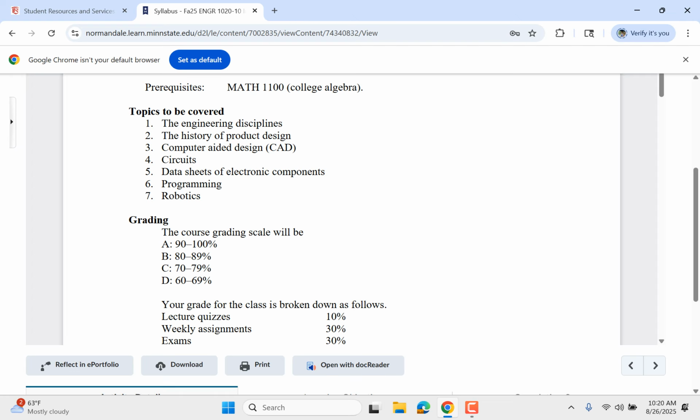So I'm first going to just talk about the engineering disciplines, because not all of you, but I know most of you are early in your engineering studies. So we'll talk about what the big branches of engineering are, what some of the smaller branches are, and a couple of those, we're going to pick ones that are especially relevant in the Twin Cities. So we'll start getting into that with lecture videos and stuff after class is done today.